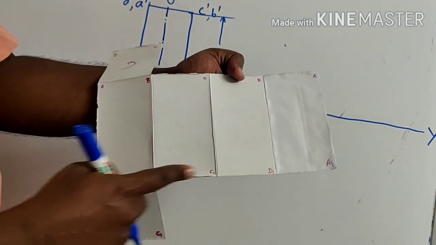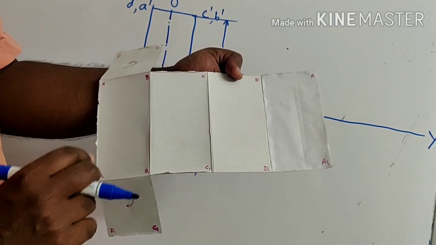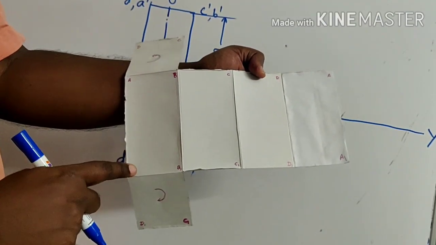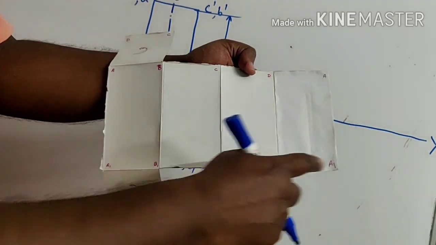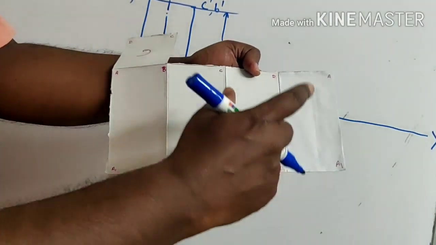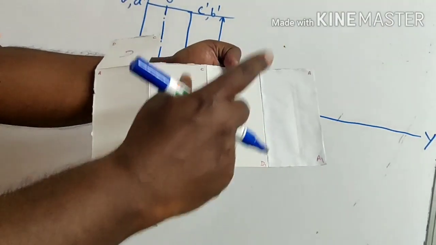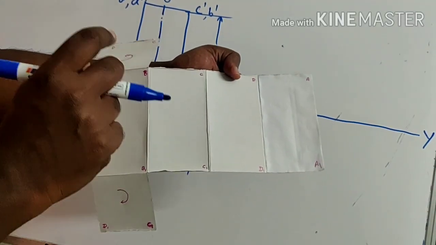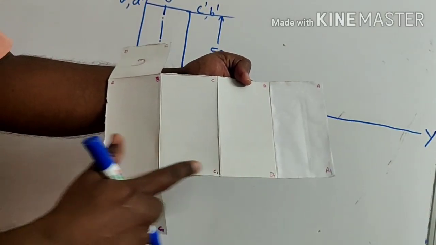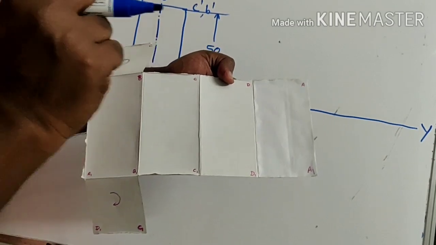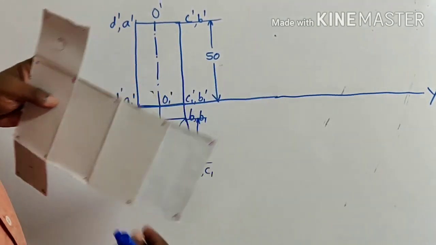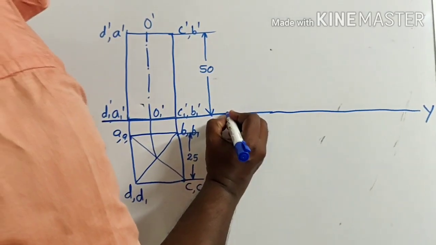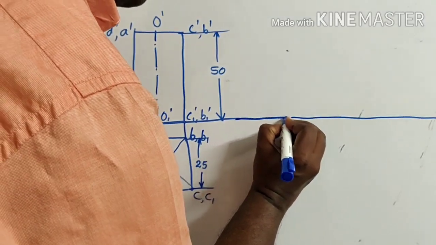So what should be the total length of this one? It is very clear that if small letter a is the length of one side, there are 4 equal sides for a square prism. So the total length of this lateral development is 100 mm. So the first step is I have to draw a line of 100 mm.